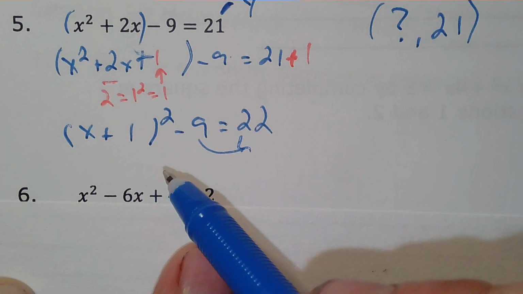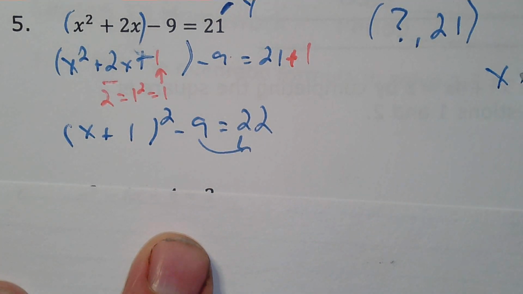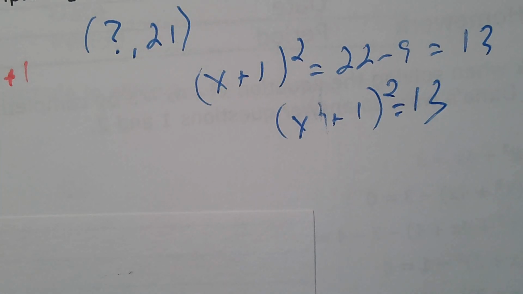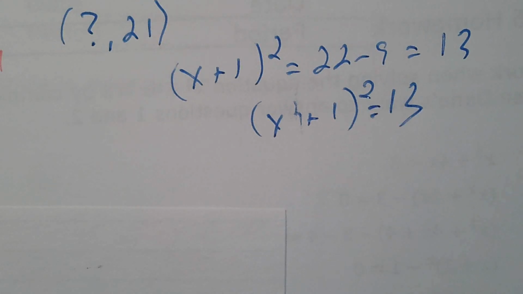So x plus 1 quantity squared equals 22 minus 9, which is 13. So x plus 1 squared equals 13. You can't see what I'm doing. Okay, there we go. So that's what I've got going on right now.